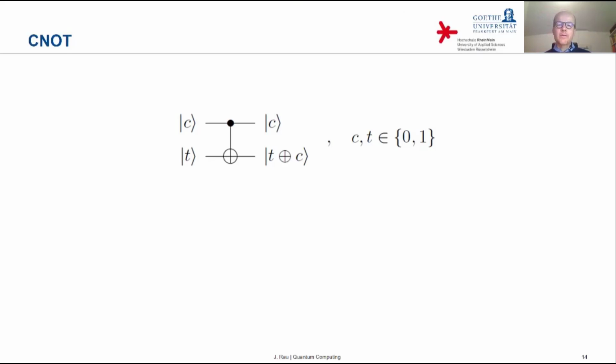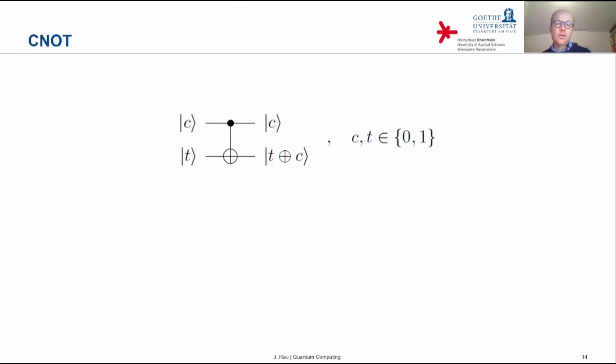If, on the other hand, the control qubit is in the basis state 1, then the target qubit's state changes from the basis state T to T plus 1 mod 2. So 0 becomes 1, and 1 becomes 1 plus 1 mod 2, which is 0. So basically, the basis state is flipped.